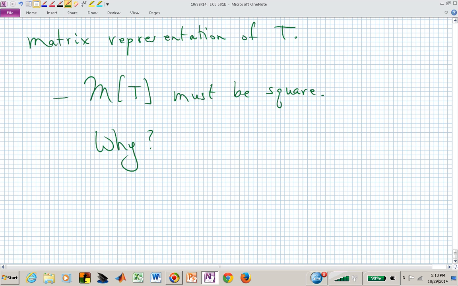Why? Operators in general, aren't they? They have to be square to map from the same space back into the same space. So operators must be square, which says that T is going from V to V.